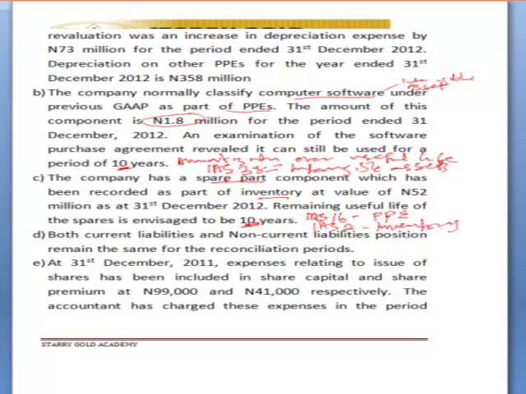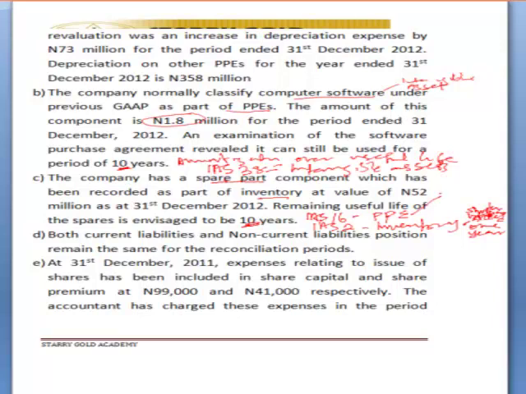So what the standard talks about in recognition of spare parts is it should be recognized as inventory, provided the use of that asset does not exceed 1 year. So what it means is it has a shorter lifespan.